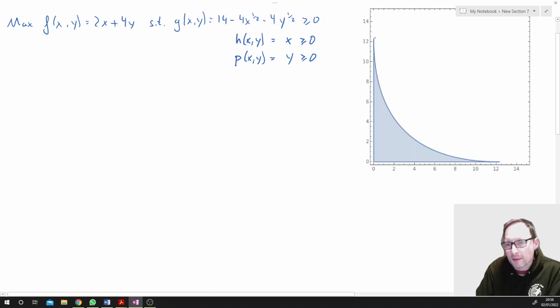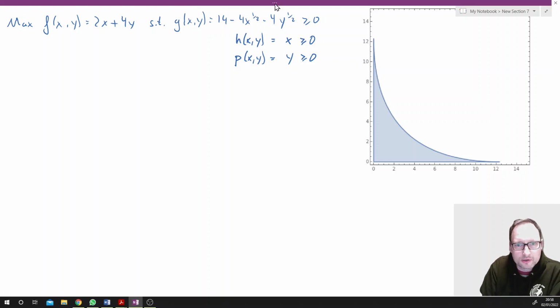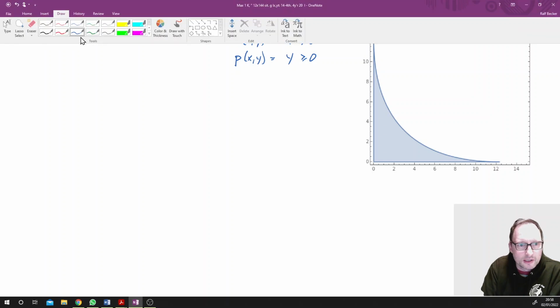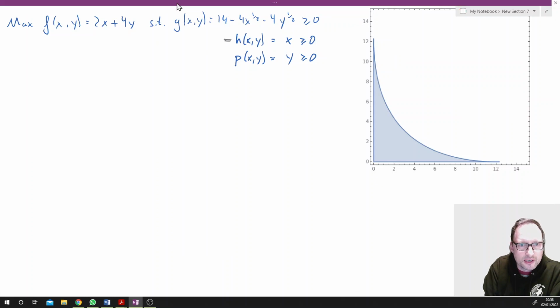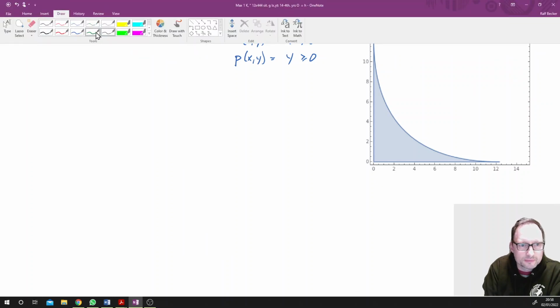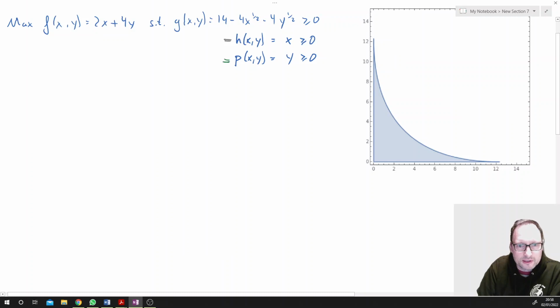And perhaps what you can already see here, let's use a little bit of color coding. We have the blue constraint, that's the g, and let's give ourselves a gray constraint and a green constraint. The green constraint is that y is larger or equal to 0.